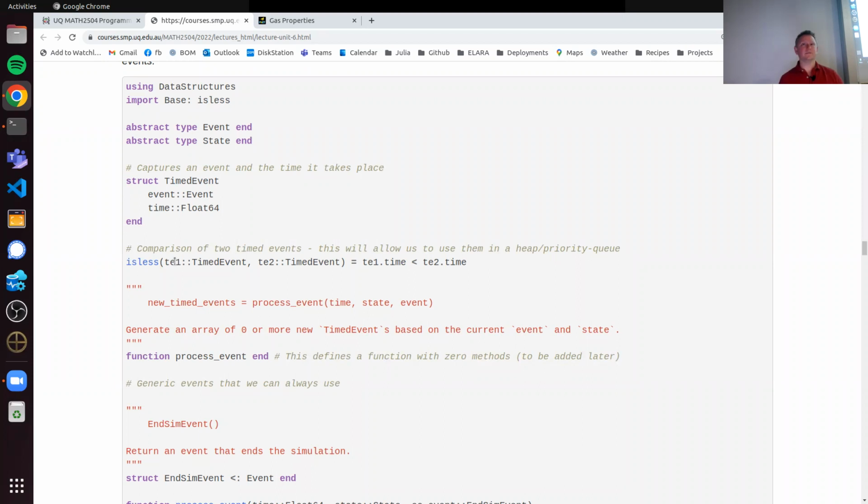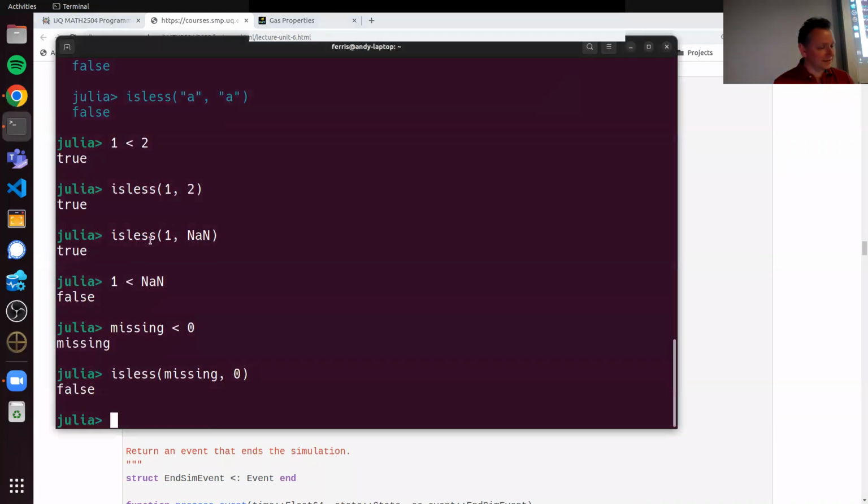Mathematically, that's called a total order. So for any two different things in the distribution, they're either equal or one's bigger than the other. There's no other possibility. They can't both be greater than the other, or both be less than the other. That doesn't make sense. So in Julia, the function that has that property is isLess, whereas this one has corner cases where it's going to crash a data structure that expects that behavior.